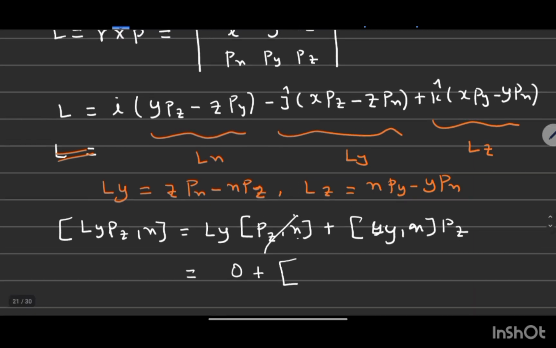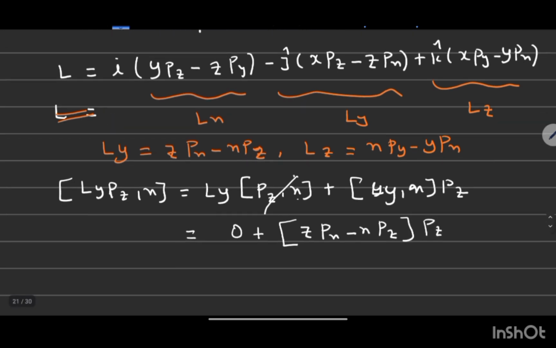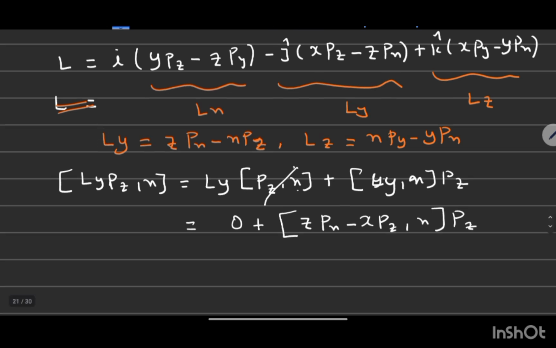What is Ly? Ly is z times Px minus x times Pz. Since the second term involves x, they commute with each other and the corresponding term will vanish.